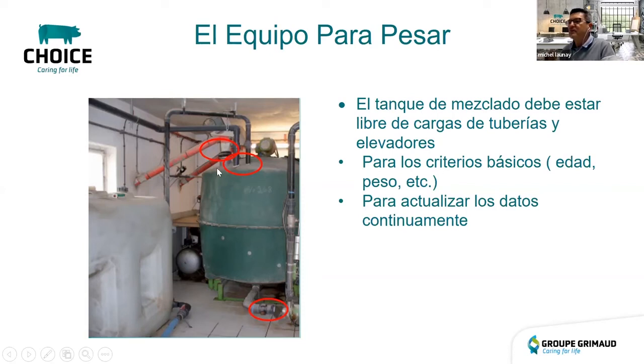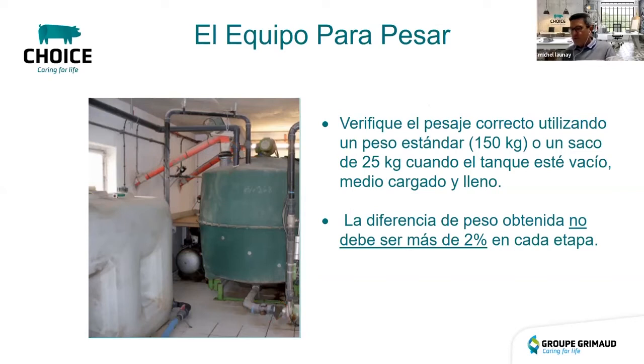But okay, in this one, you can see there are plastic links, so that means it's not fixed to the tank. So here it's good. So it is important, as I told you, to check the weighing system, and for this you can use a standard weight.